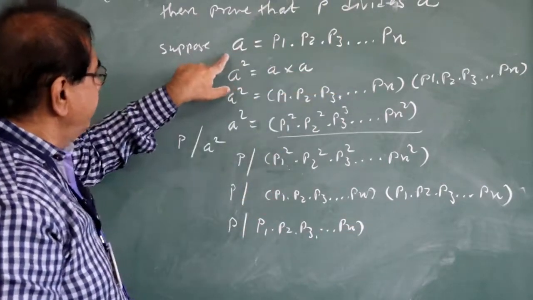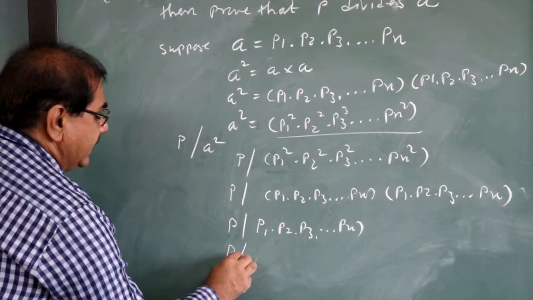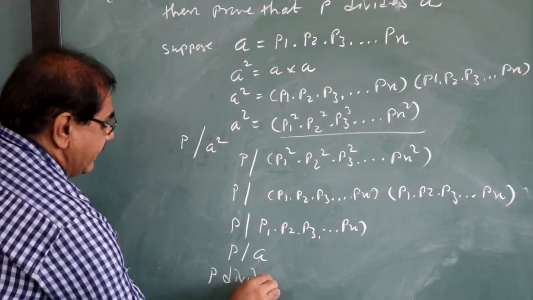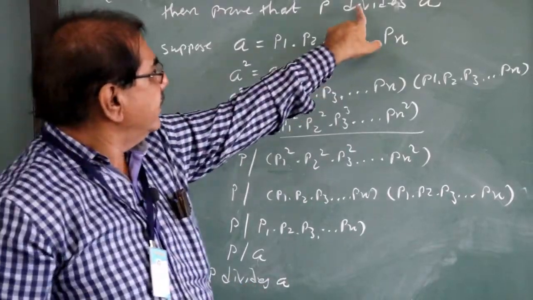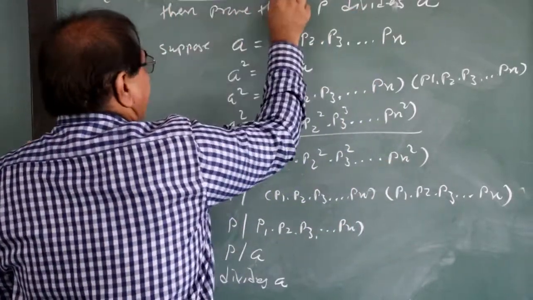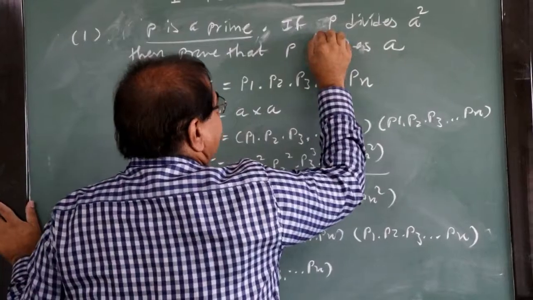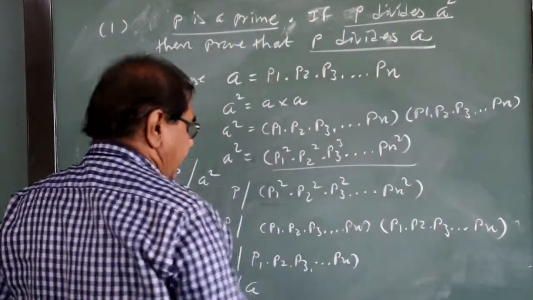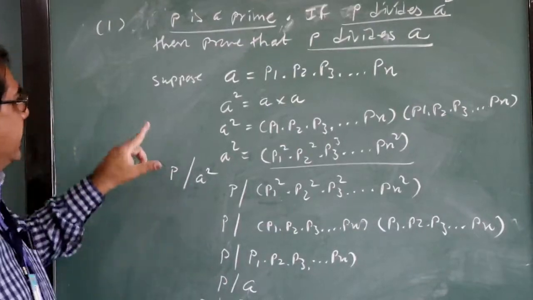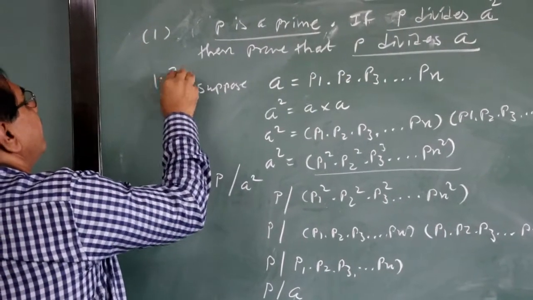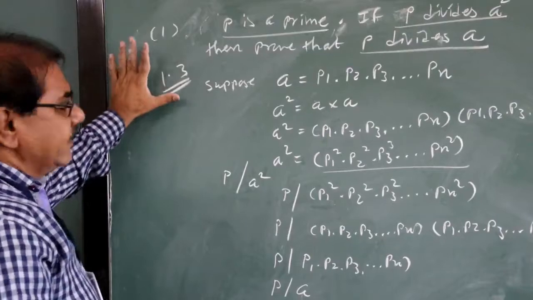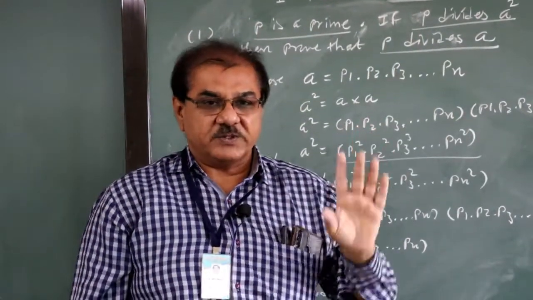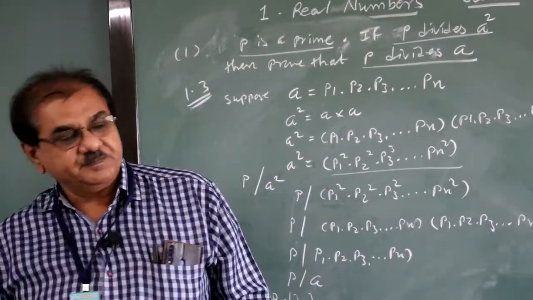It is a number A, so I can say P divides A, so therefore P divides A. Okay, so P was the prime number. It was given that if P is a factor of A square, prove that P is a factor of A. That we have proved. It is your theorem number 1.3. Okay, it is one of the very important results, and using this result we are going to prove certain questions.